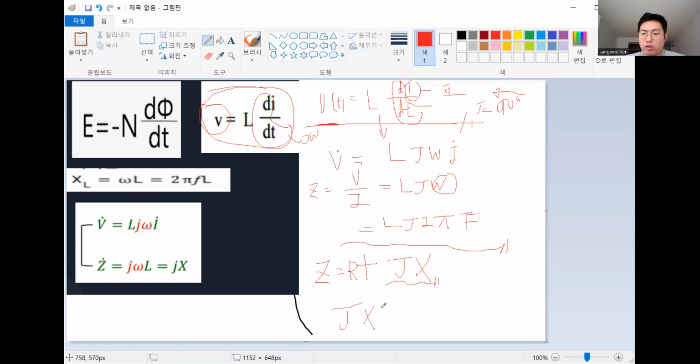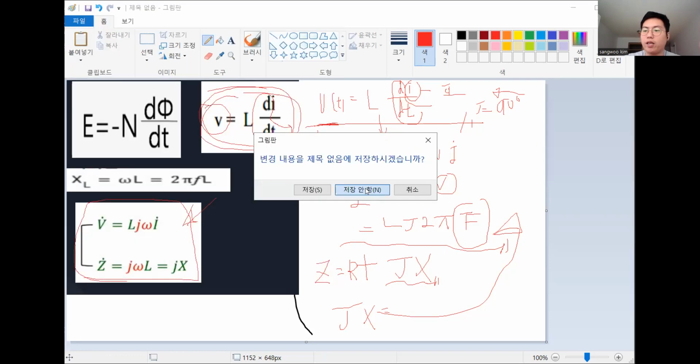So jX is equal to this, and this is the frequency, right? I wanted to show you one more time how we get this equation. You just remember this equation. It's fine, you don't need to remember this part. Okay.